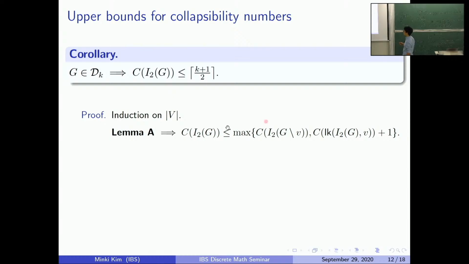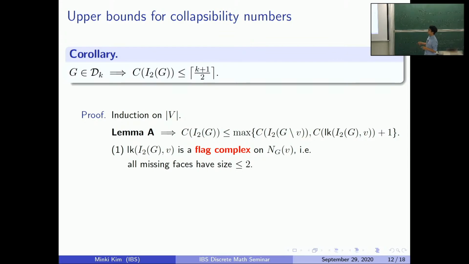Then we need to look at this induced subcomplex and this link complex. But by the induction hypothesis, we know for this complex the bound will be this. So we only need to look at the link complex. But you know, I_2 of G is the clique complex.